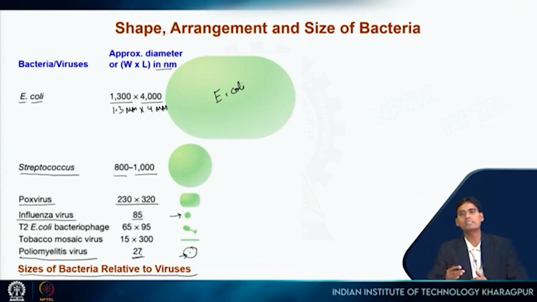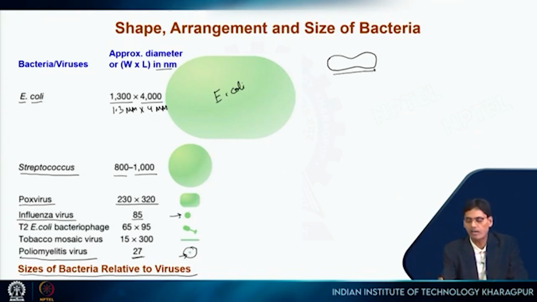This is just to get a scale of how their sizes compare between virus and bacteria. Here I would like to mention, for example, one RBC, red blood cell. I am drawing it this way because there is no nucleus and its shape is a little different.